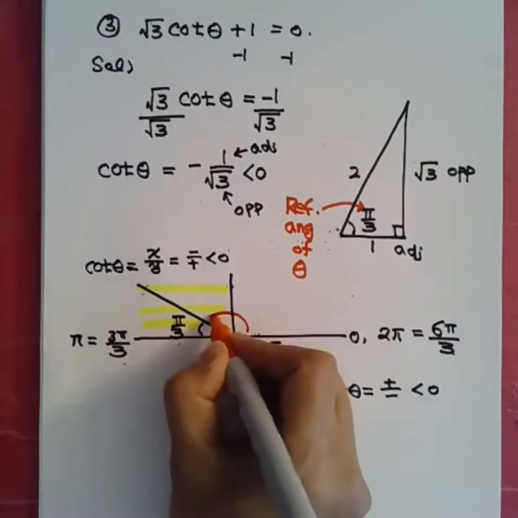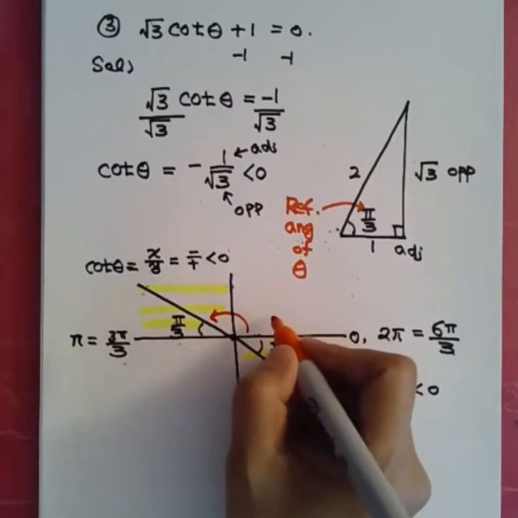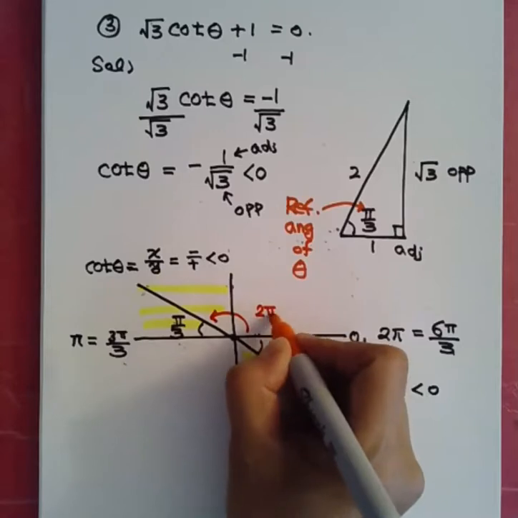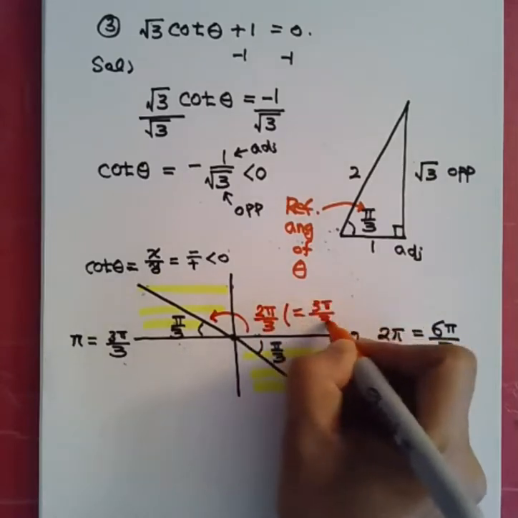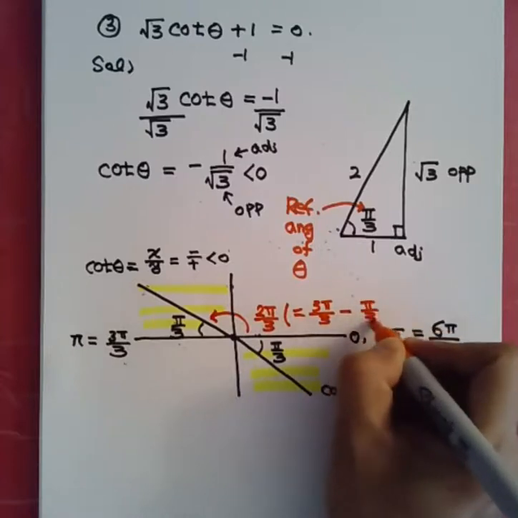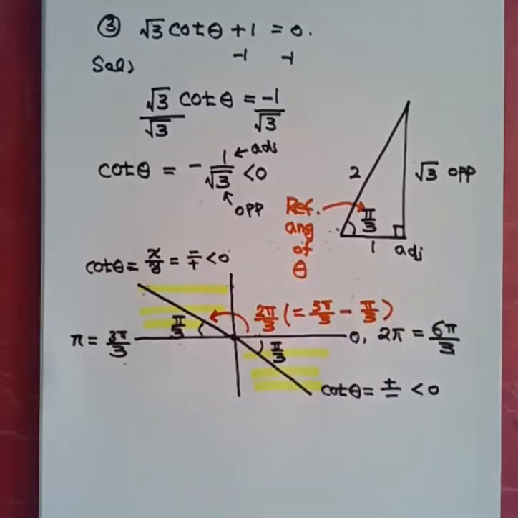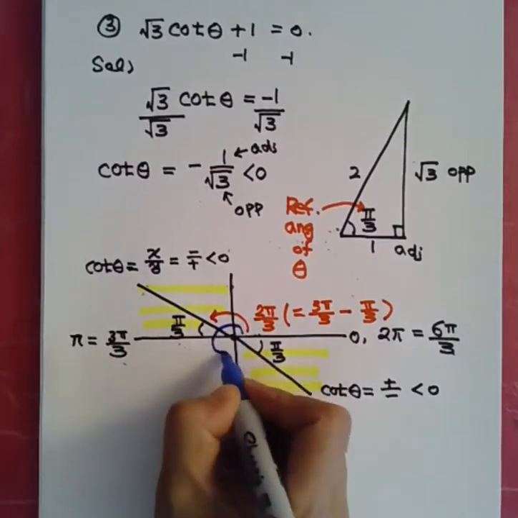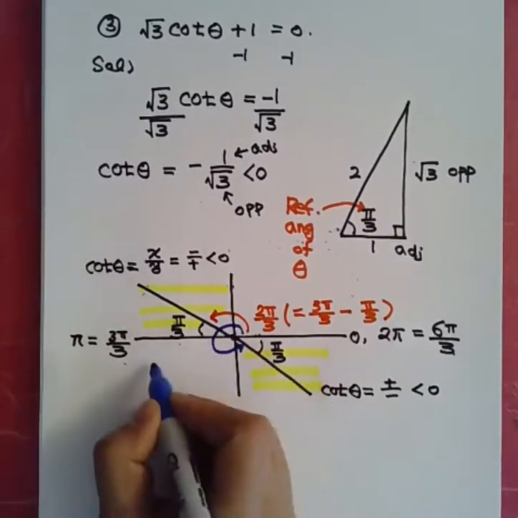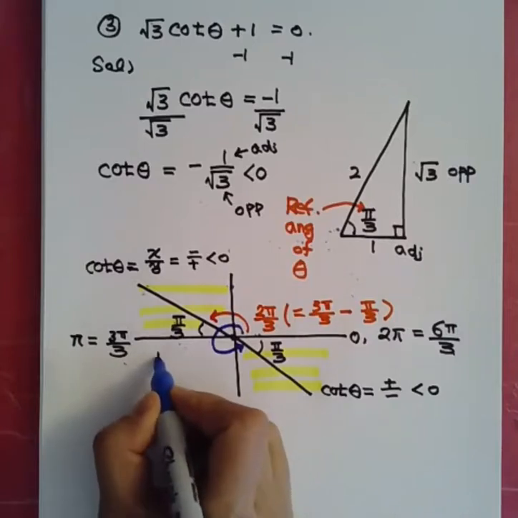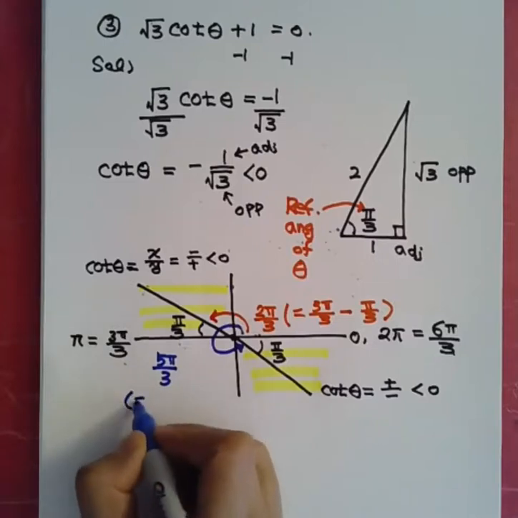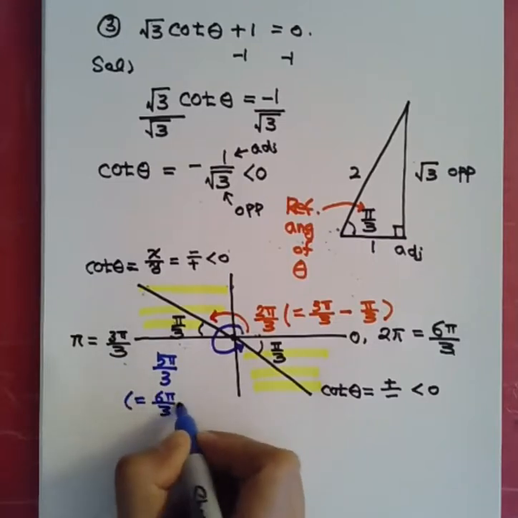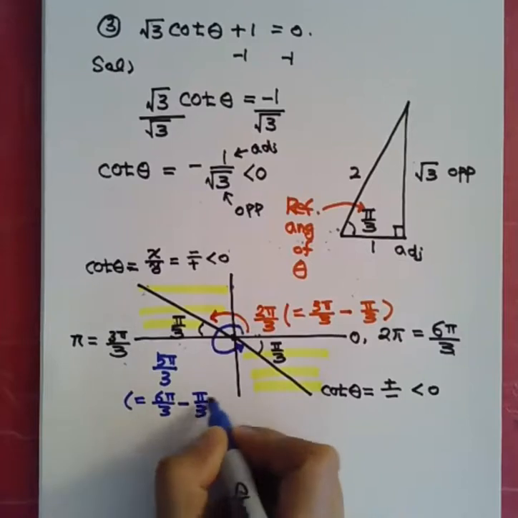So this angle is 2 pi over 3 from 3 pi over 3 minus reference angle pi over 3. And this angle is 5 pi over 3 from 6 pi over 3 minus pi over 3.